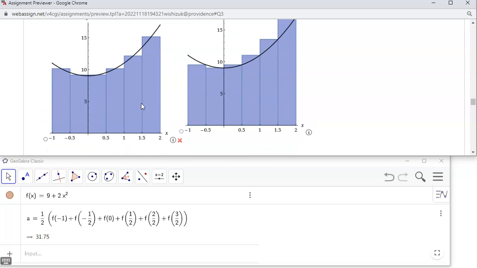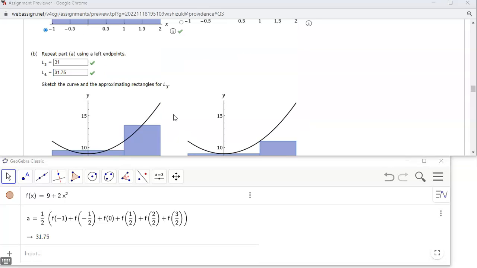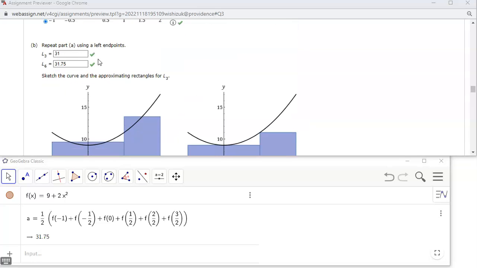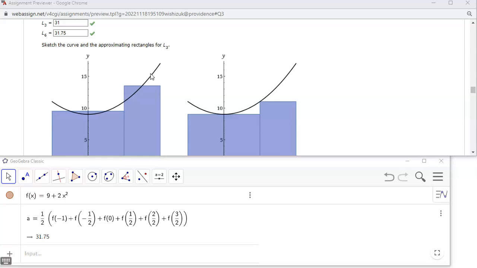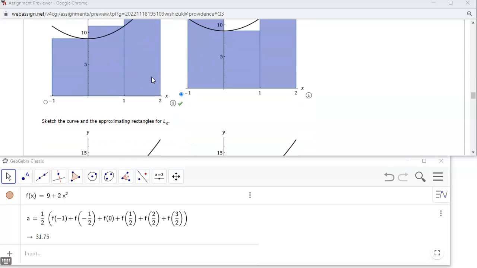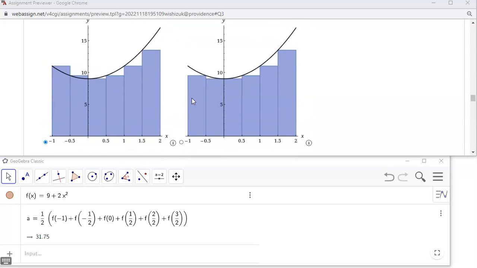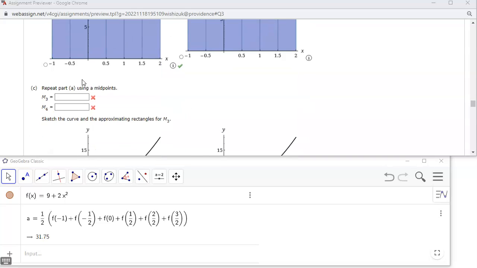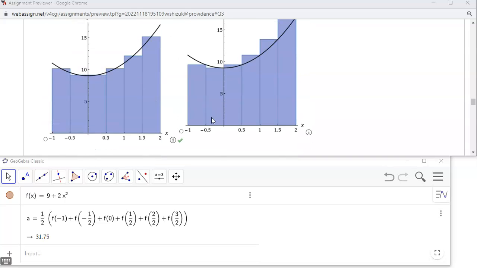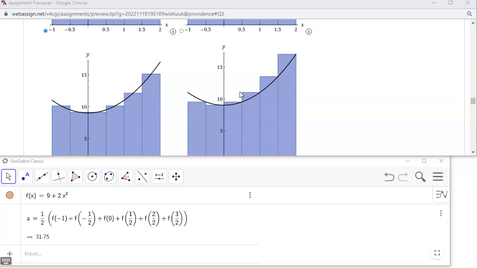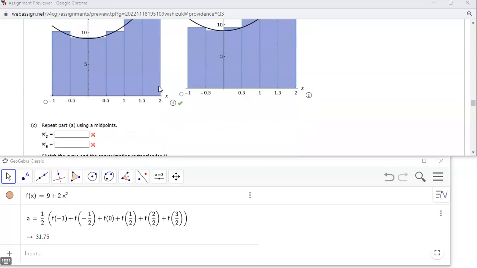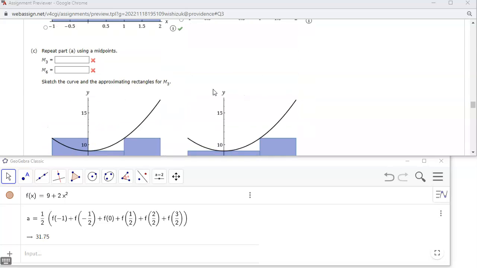Let's check the answer. All right, I came back and we got L3 and L6 correctly, and we have the correct picture for L3 and the correct picture for L6.